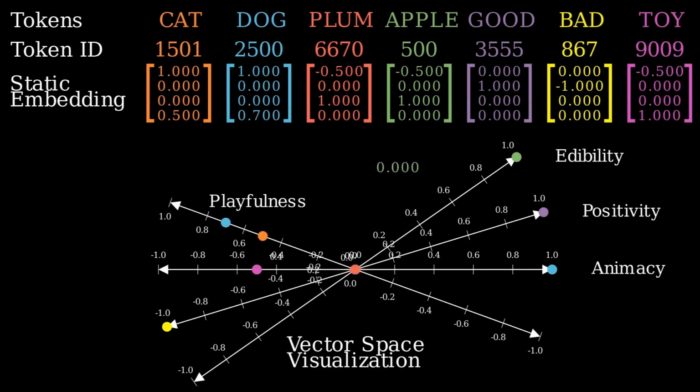And as we said, toy is 1 for playfulness, while dog would be 0.7 and cat is 0.5. Now, if you see all together, this is the way these vectors are represented in a very high dimensional vector space, retaining the semantic meaning and coming close together for similar kinds of words.